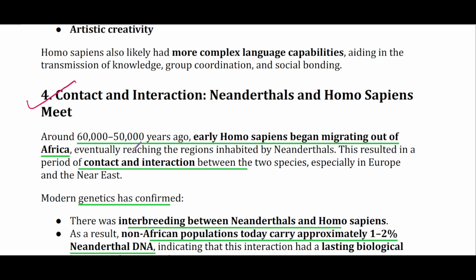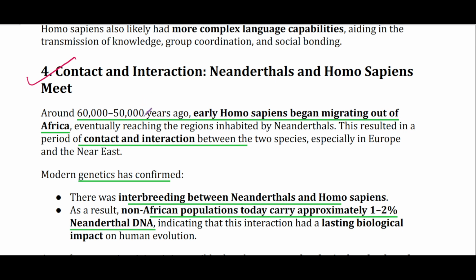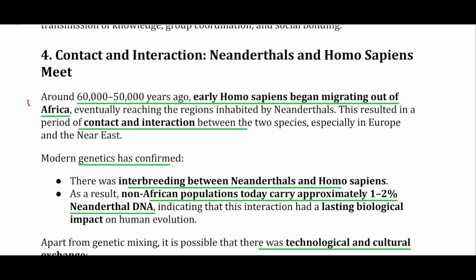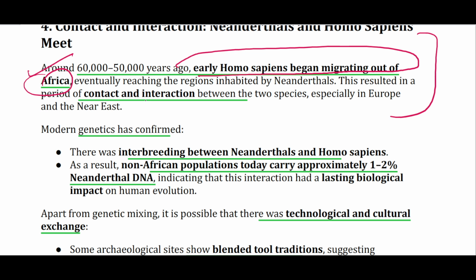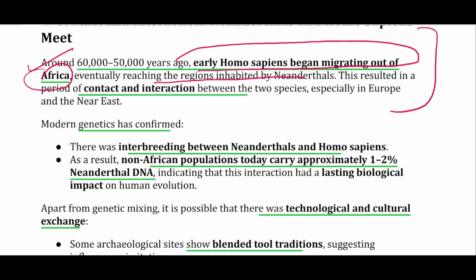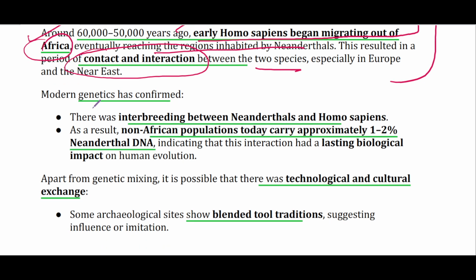Now, the contact and interaction between Neanderthal and Homo sapiens. Around 60,000 to 50,000 years ago, the early Homo sapiens began migrating out of Africa, and eventually they reached the regions inhabited by Neanderthals, especially Europe, Central Asia, and West Asia. And this was a period of contact and interaction between the two species.